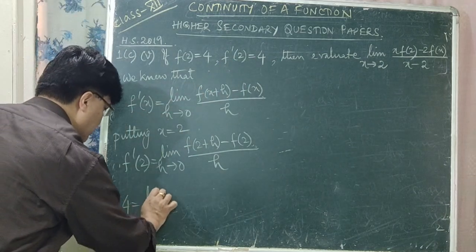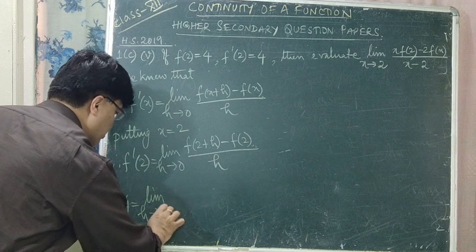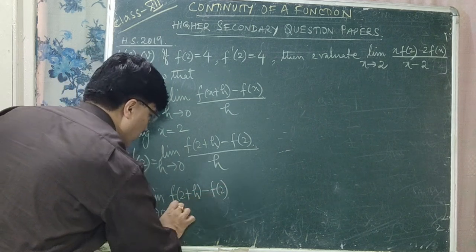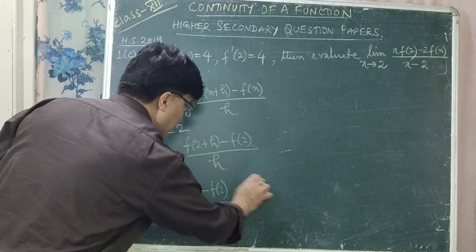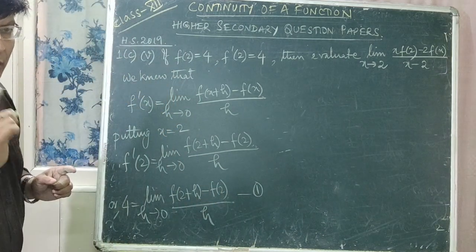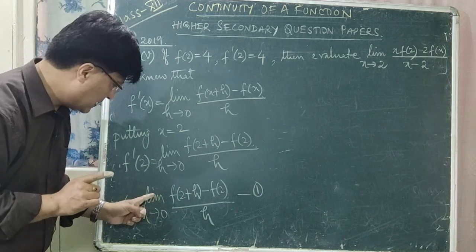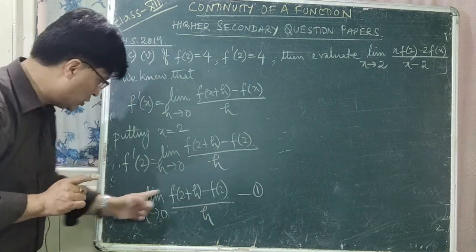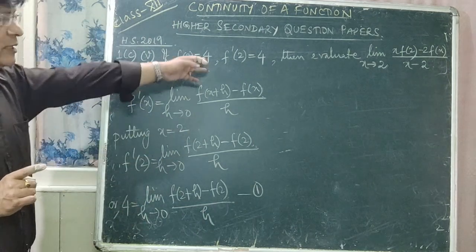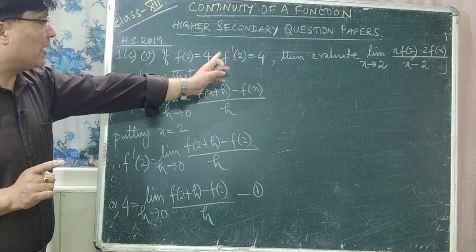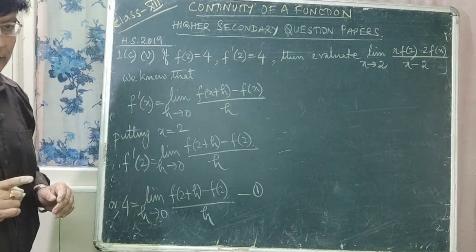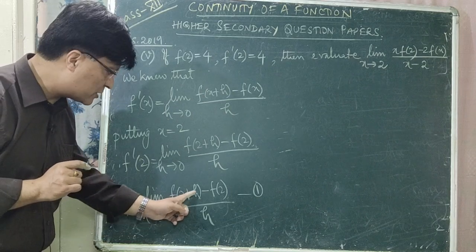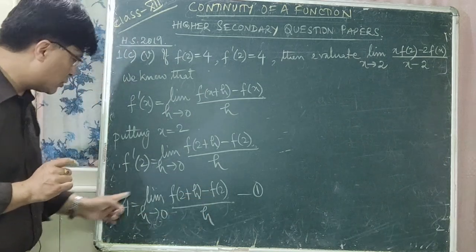So 4 is equal to limit h tends to 0, f of 2 plus h minus f of 2 whole divided by h. Let us mark it as number 1. Wherever you get limit h tends to 0 f of 2 plus h minus f of 2 whole divided by h, you should write 4, because in this question f dash of 2 is equal to 4 is given.